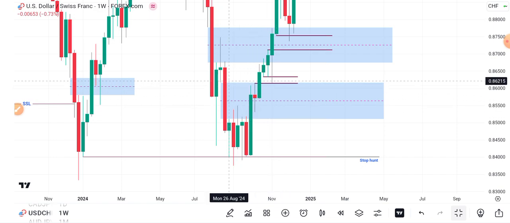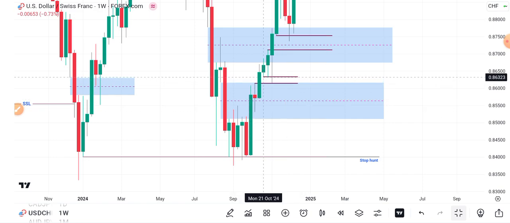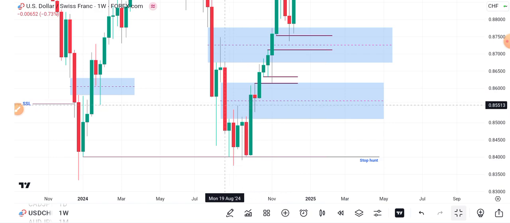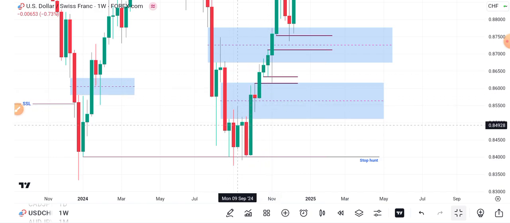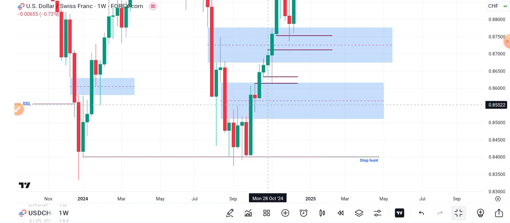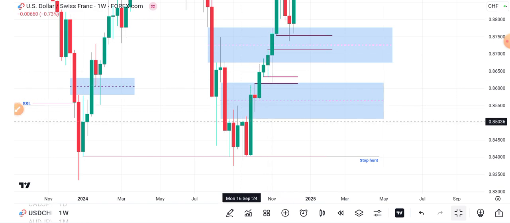So we could see price made an inversion fair value gap and a little fair value gap here, so price traded into it. It's just to ingrain this idea of inversion fair value gap and fair value gap. When those kinds of things occur in price action, it actually solidifies the idea that the price is making.